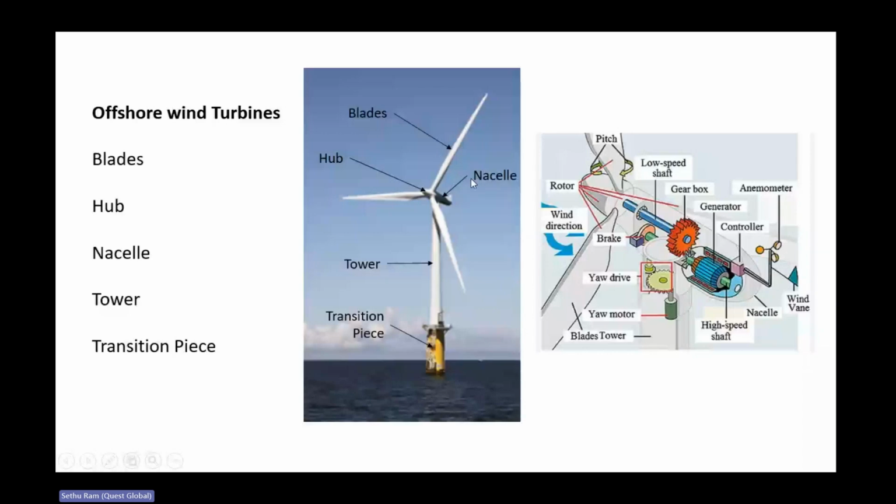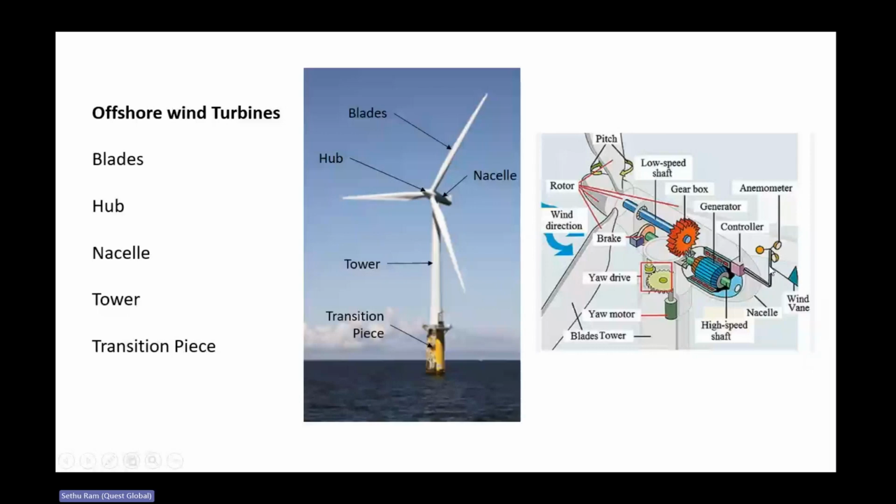If the wind is less than the rated speed, the wind turbine will not work. And if it is more than the capacity of the wind turbine, then also it will not work. So to safeguard the wind turbine, this anemometer input is required.